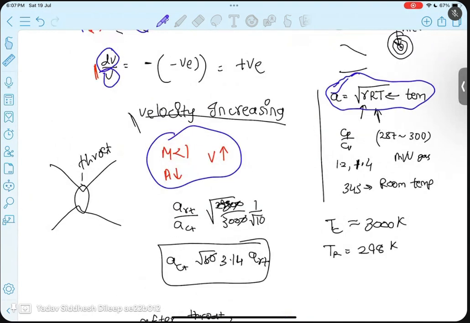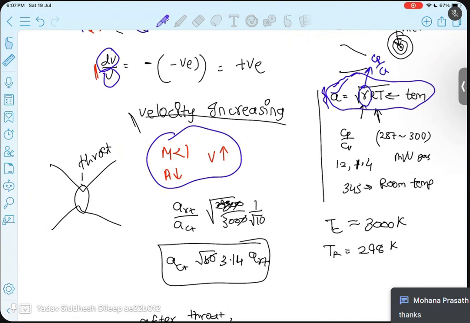Talking about the speed of sound in the gaseous medium, the equation is a equals the square root of gamma R T. Gamma is Cp by Cv, the specific heat ratio. Cp is the specific heat of gas at constant pressure.